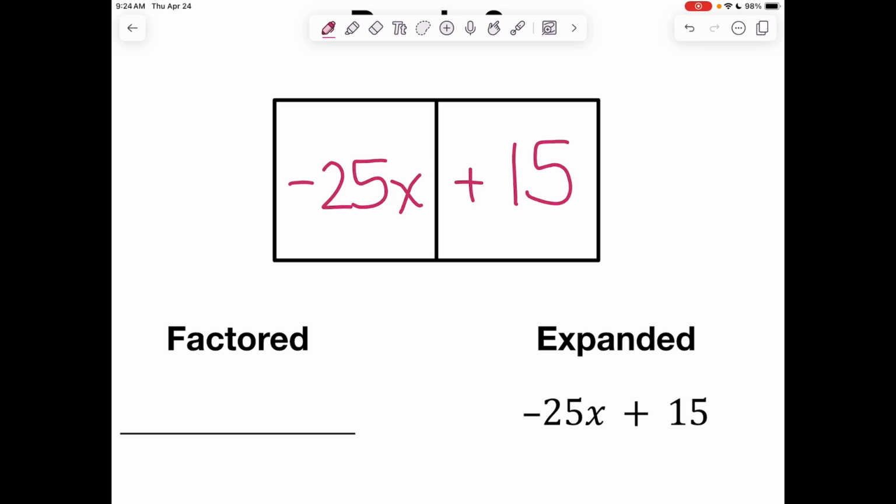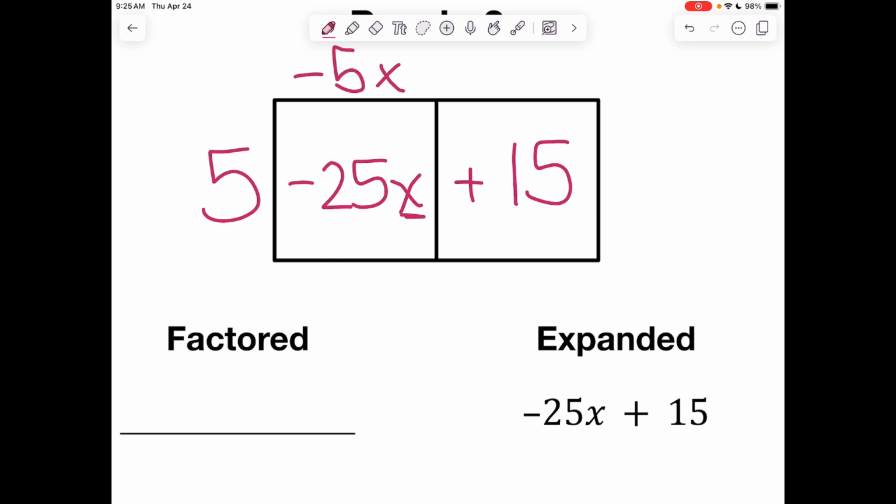So what number could I multiply together to get both of these numbers? Well, the number that comes to my mind is 5. So that's going to go out in front. I need to think 5 times what equals 25? Well, hopefully you know that 5 times 5 equals 25. Then we need this x, so we're going to add an x. But now 5 times 5 is a positive 25. I want it to be negative, so we're going to make this a negative.